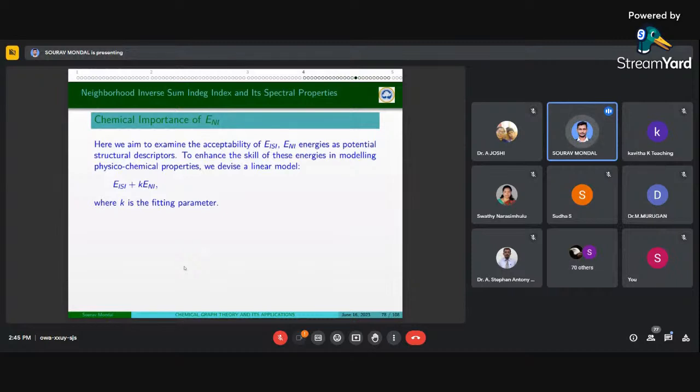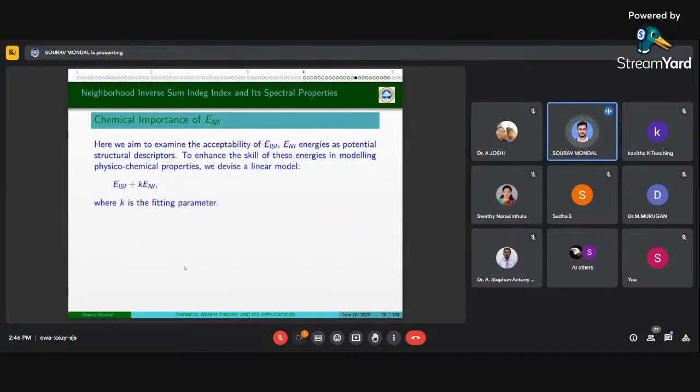The inverse sum index energy was first presented in 2018, and some mathematical study of that energy was later performed. However, no attention has been paid to investigating the role of inverse sum index energy, that is EISI, as a regulator of molecular properties.